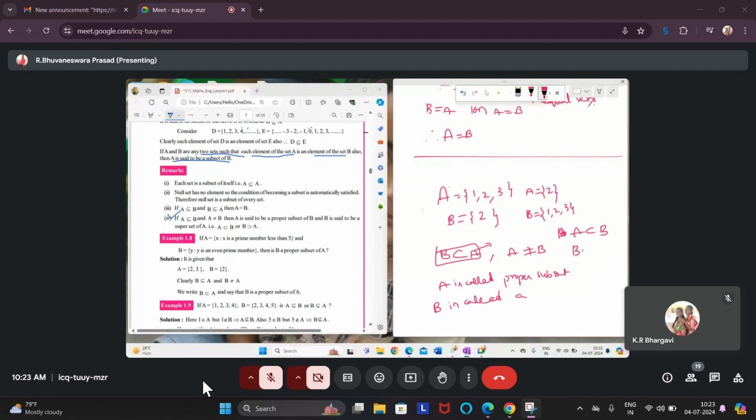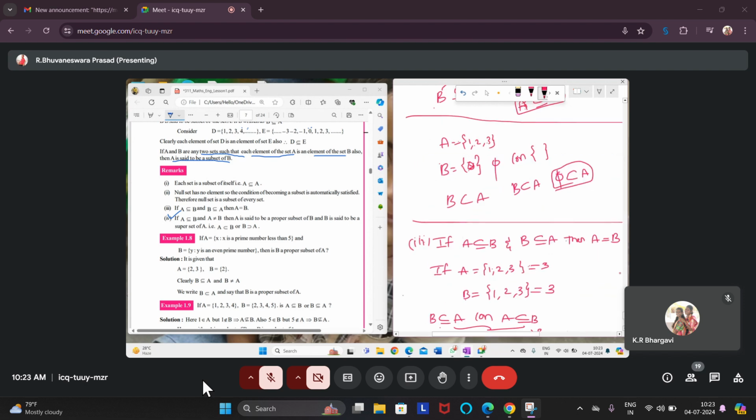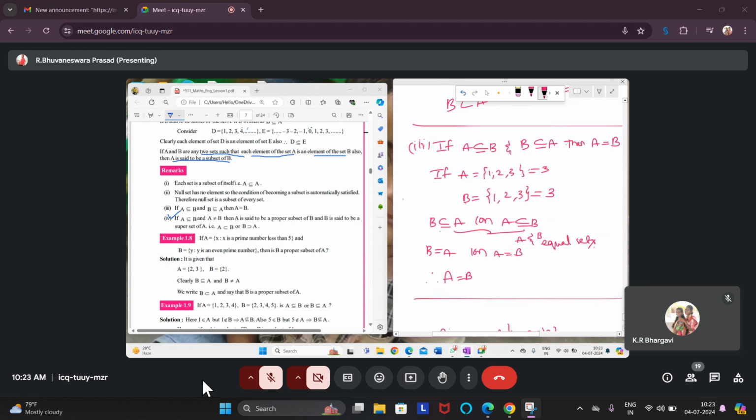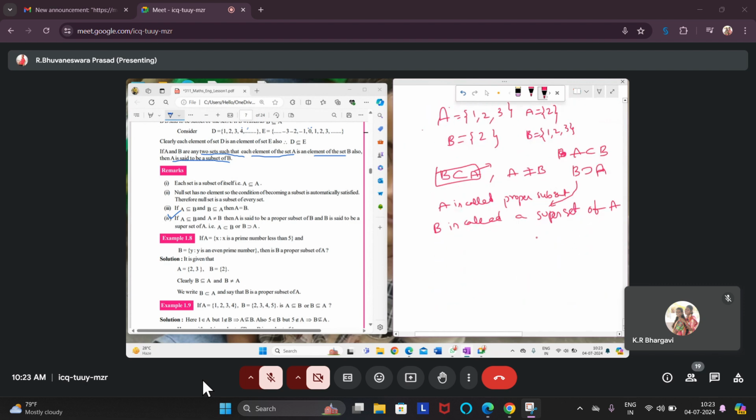So B is the main set. So here B is called a superset of A. So I think it is clear what is the proper subset and what is the superset, the difference between these two examples.